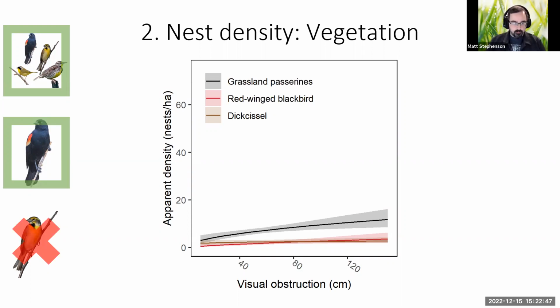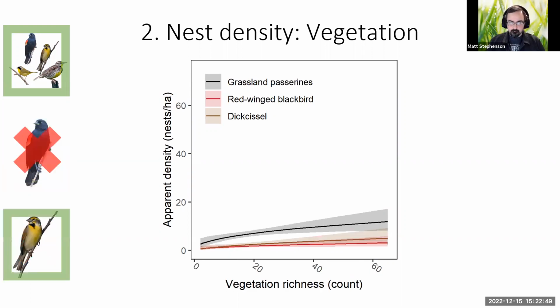But it wasn't a good descriptor for dickcissels. And similarly for vegetation richness, this is a way to measure vegetation diversity. It's simply the count of vegetation species we found within the search plot. This was a good predictor for dickcissel nest density and grassland nesting birds as a group, but not for red-winged blackbirds.